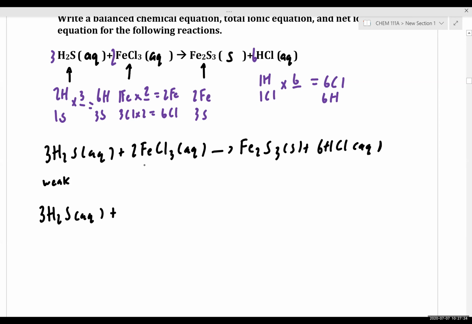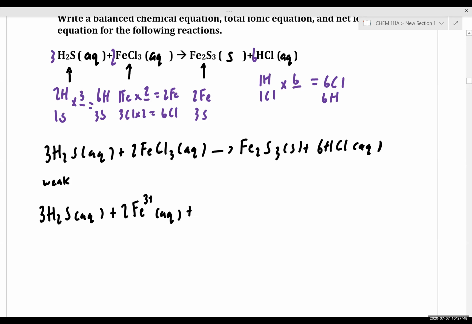Is iron 3 chloride a soluble ionic compound? Yes, so that gives us 2 Fe3+. Remember, you have to take into account your coefficient and your subscript. 2 times 1 is 2.